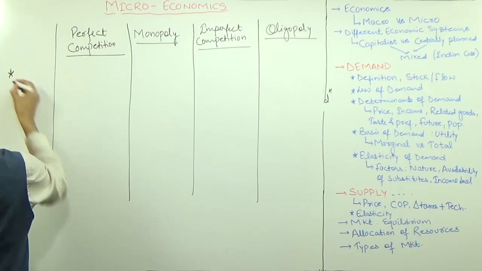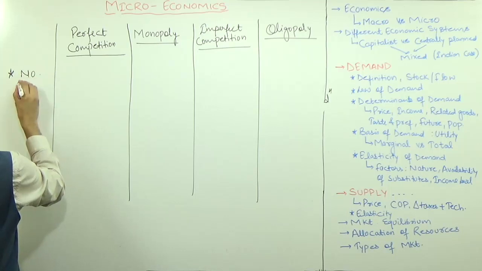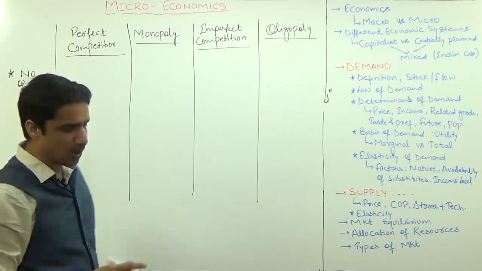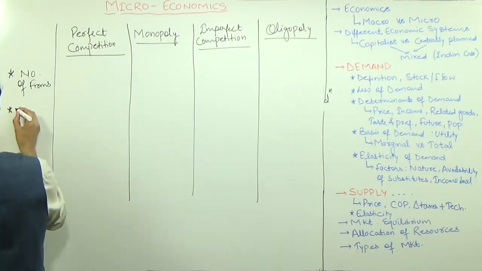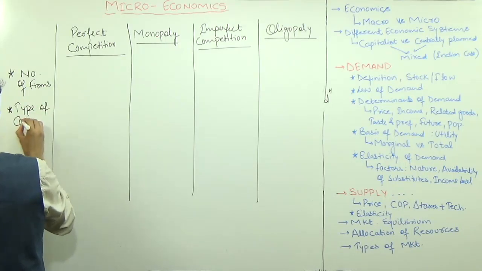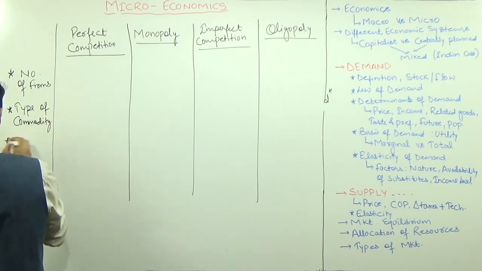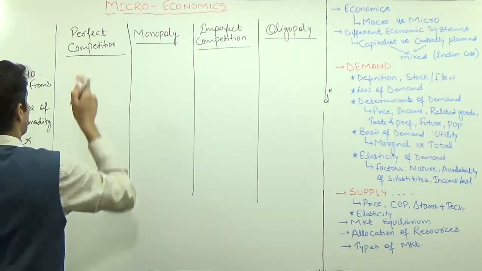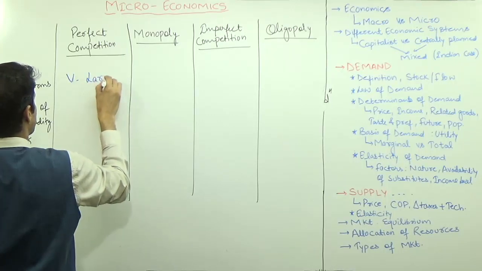So the first thing is the number of firms. In perfect competition, the number of firms is very large, a huge number of firms.